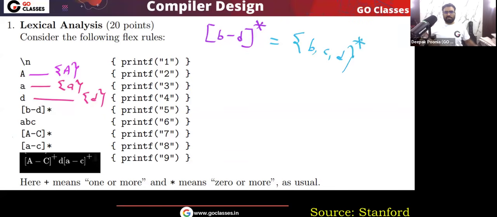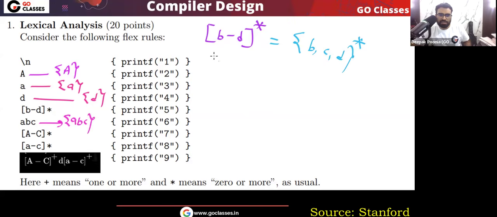Is this clear? Because understand, this is not the curly braces. This is the bracket. So this basically means B to D, meaning B, C, D, whole star. Any sequence of B, C, D. This is very simple. This is ABC, only one string ABC.